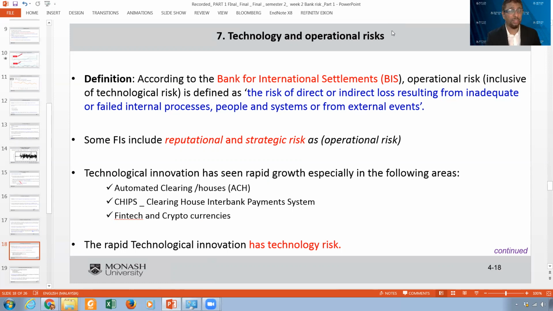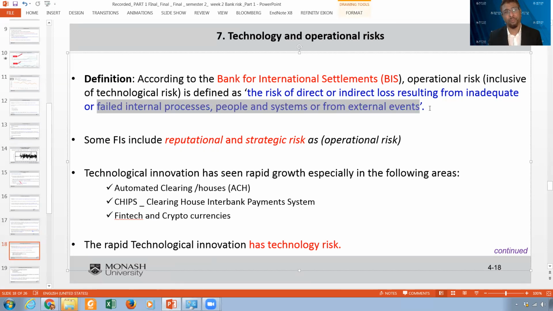When we talk about systems related to technology, we are talking about automation and these huge systems which banks always build to compete. The Bank for International Settlements has defined technology and operational risk as the risk related to the failure of internal processes, people or systems, or from external events.